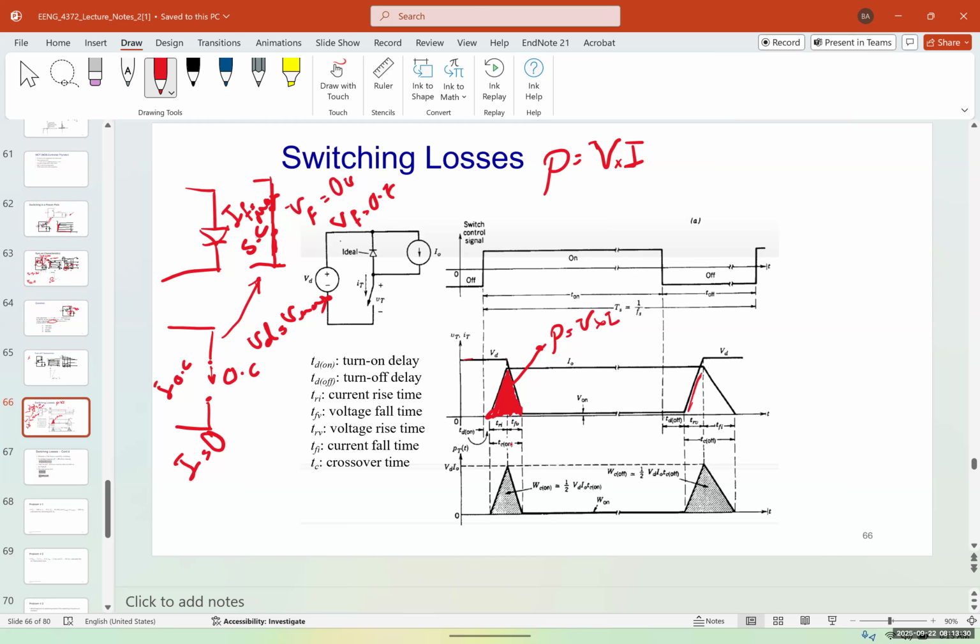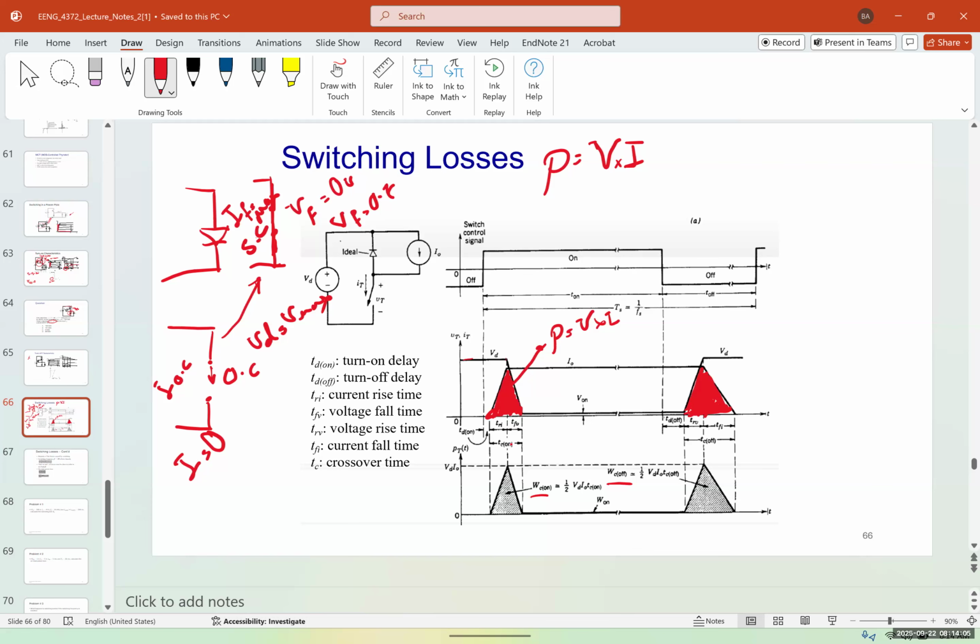And you can see here that in these two areas, when the switch is turning on and off, I have the maximum power, which is being wasted. This is wasted power. So here we have the V on, and here we have the P on, or W if we want to find the total energy loss, and W off.